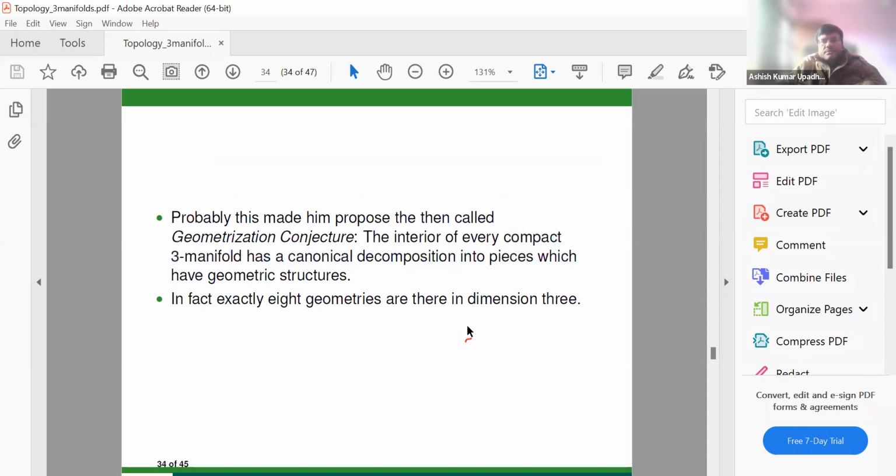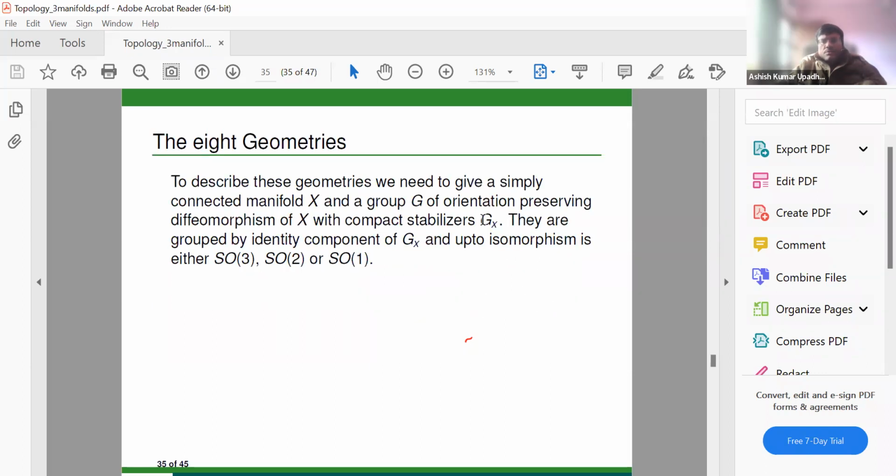Okay. So based on these stabilizers, the geometries are described. They are grouped by the identity component of Gx, and up to isomorphism, they are either SO3, SO2, or SO1. You see, the groups which we are talking about are also topological spaces. They also carry topology on them. And because it is a group, it must have the identity in it.